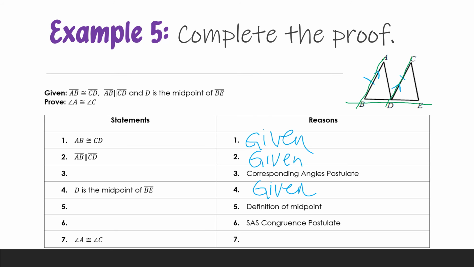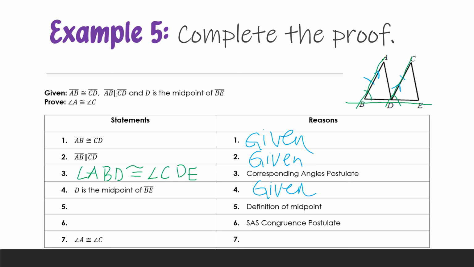And so if we look at the angles formed, we're going to be able to conclude that these two angles right here are going to be congruent because they're corresponding angles. So we know that angle ABD is going to be congruent to angle CDE. Okay, so that was the purpose of them telling us those lines were parallel so that we could recognize that we have two congruent corresponding angles.